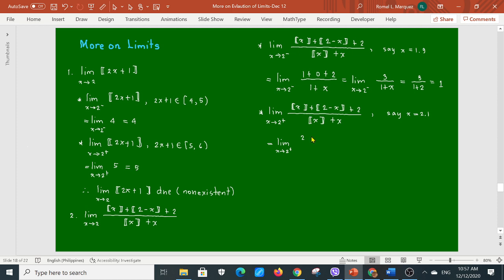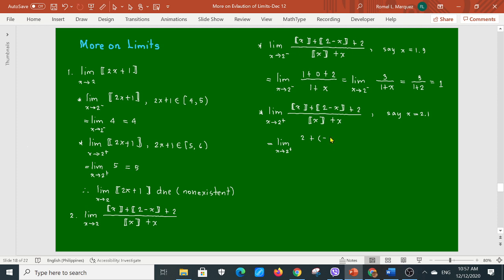Then plus, what about the greatest integer of 2 minus x? 2 minus 2.1 is negative 0.1. So if I remove the greatest integer symbol, this is simply negative what?